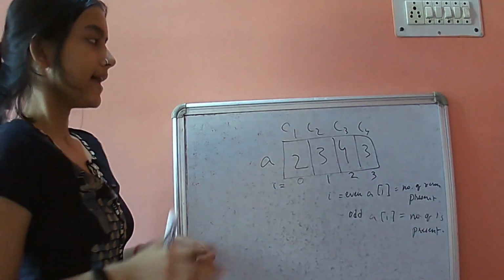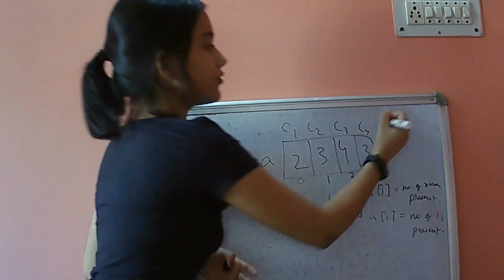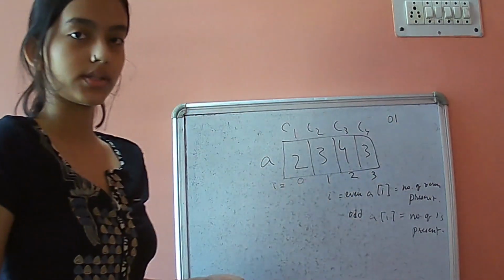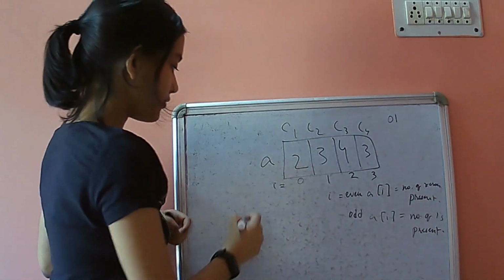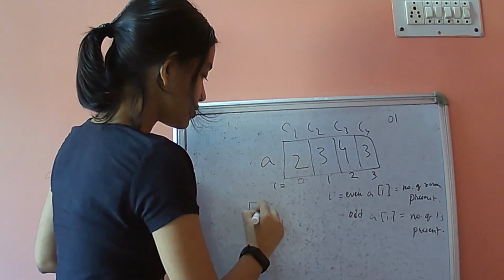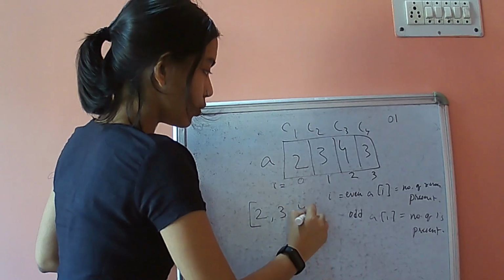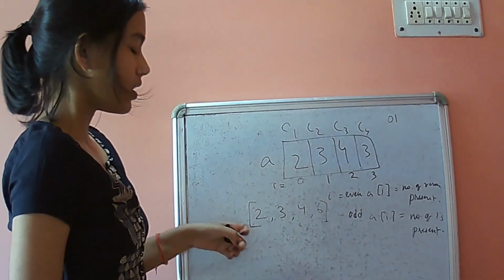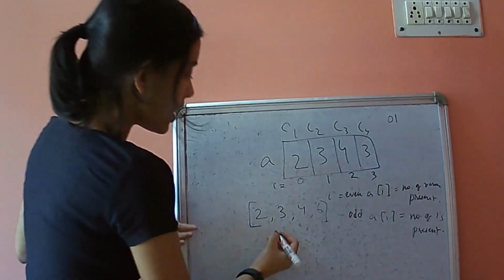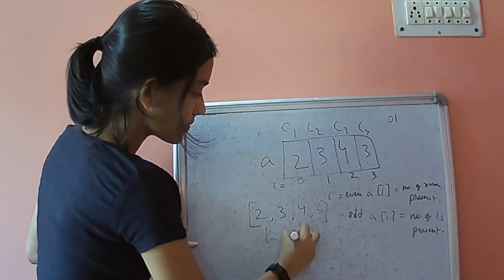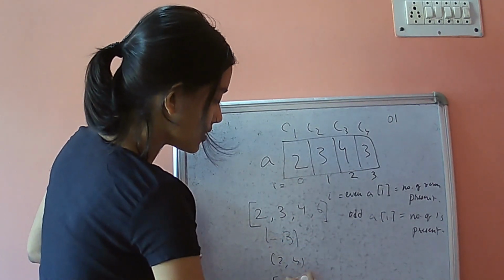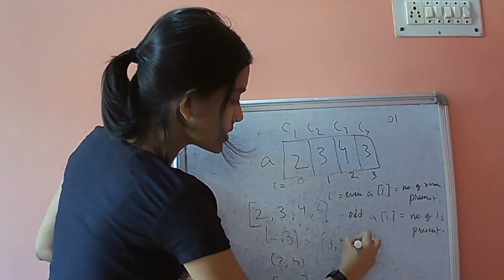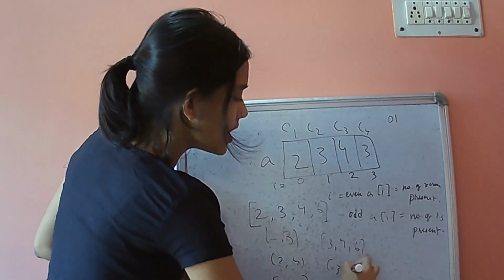All that we have to do is maximize the number of 0, 1 subsequences. Now, a subsequence is ordered, which means that if the array is say 2, 3, 4, 6, the subsequences can be 2, 3; 2, 4; 2, 6; then 3, 4; 3, 6.